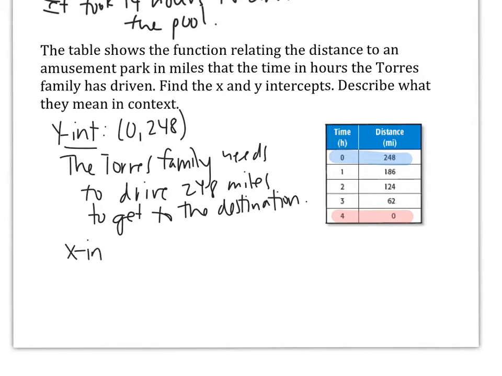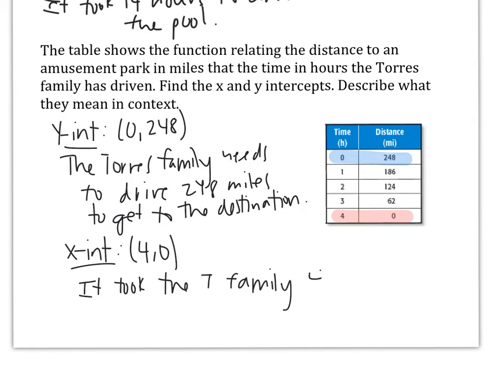Then the x-intercept is where y is 0, and that would be the red highlighted numbers, which would be (4, 0). What this means is that at 4 hours, the distance they still have to travel is 0, which means they're there. So it took the Torres family 4 hours to get to the amusement park.